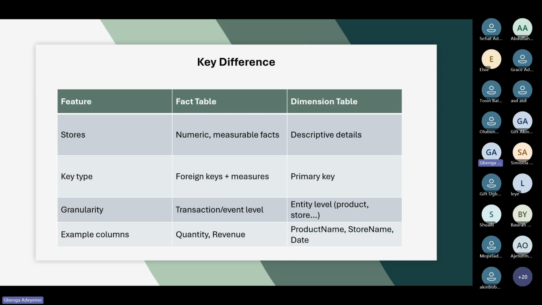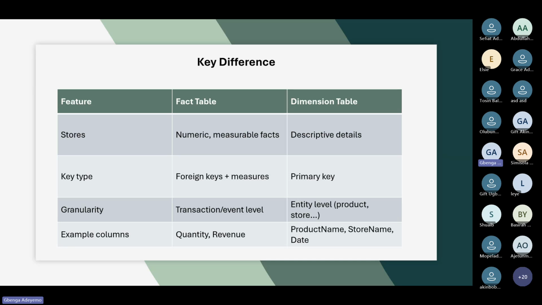Now, for a fact table, the kind of keys that you see there are foreign keys plus the measures. I will still explain that later, right? For a dimension table, you will say primary key. So it doesn't mean that in a fact table too, we don't have a primary key. We have primary keys in the fact table also. In fact, we even have what we call a composite key. We even have what we call a surrogate key. We are still going to go into all of it in more detail.